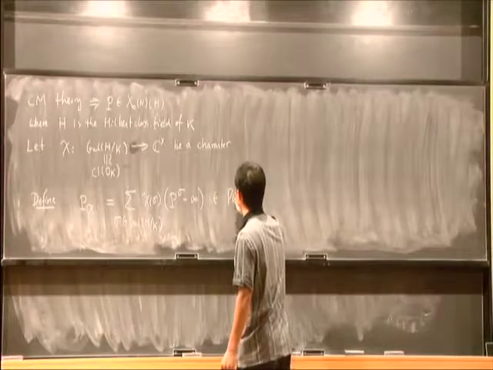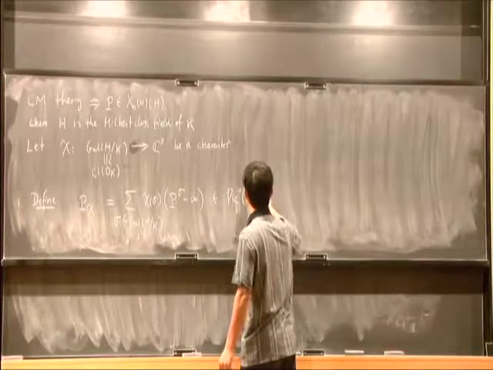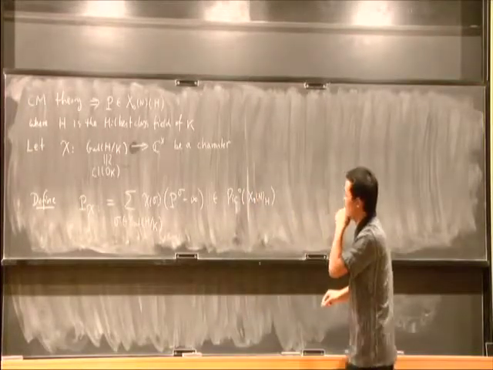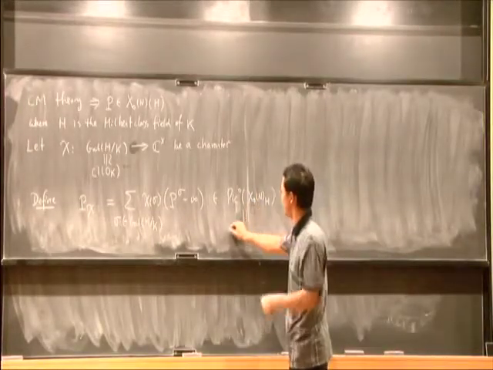So that gives, it is not a point, it is a divisor. And then it is a point on the Jacobian.